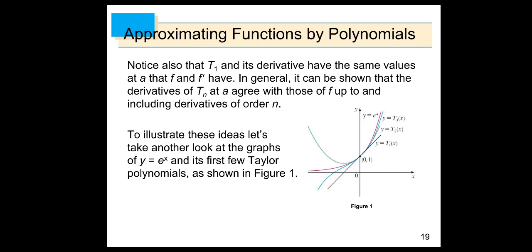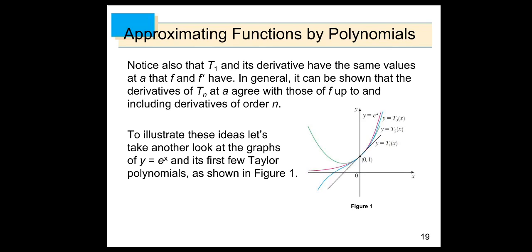So we have an example over here to illustrate the idea, where y is equal to e power x, and the first few Taylor polynomials are shown in this figure number 1. You can see y is equal to t1 of x, y is equal to t2 of x, and y is equal to t3 of x, and they are going towards y is equal to e power x.